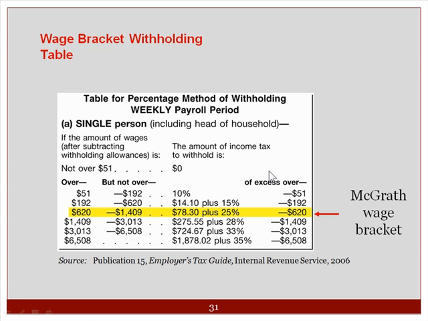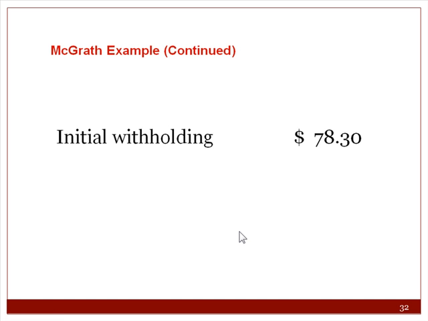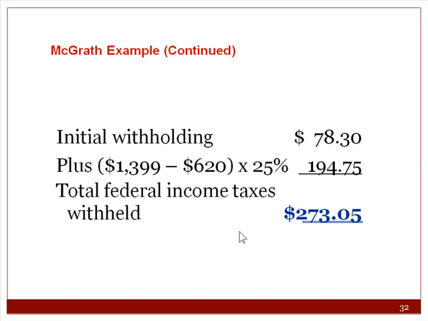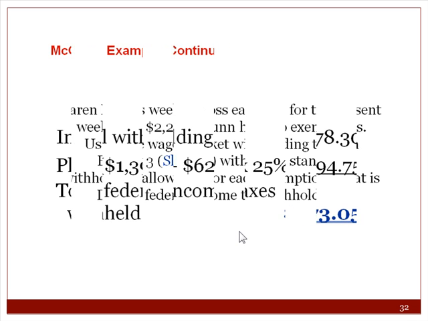So I'm going to go back. See right here, he had the $78.30, plus he needed the 25% on top of that. And then he had total federal income taxes. You're not going to necessarily have to do this for a test in this class, but I want to make sure that you understand this.